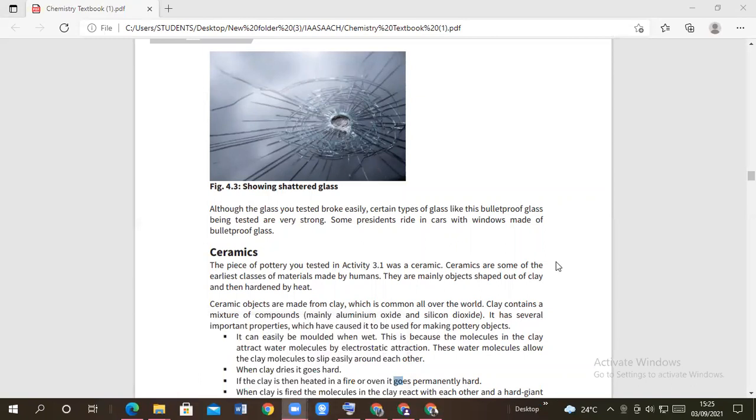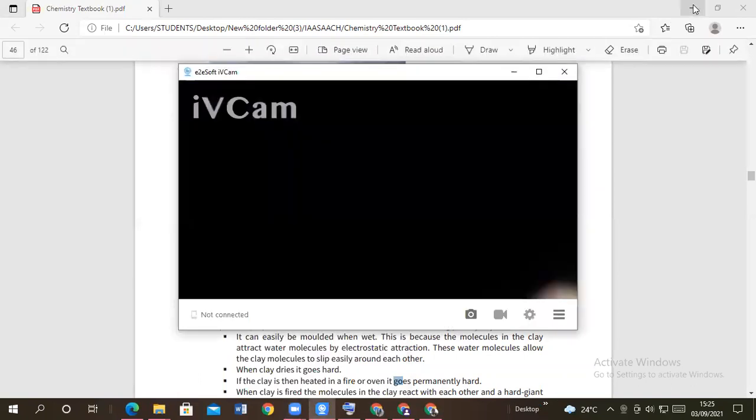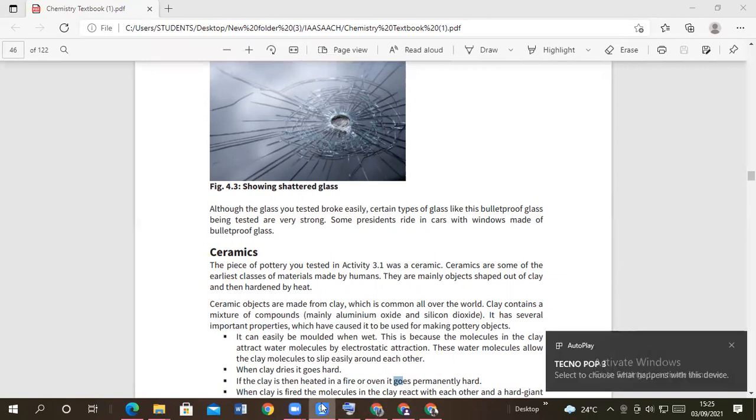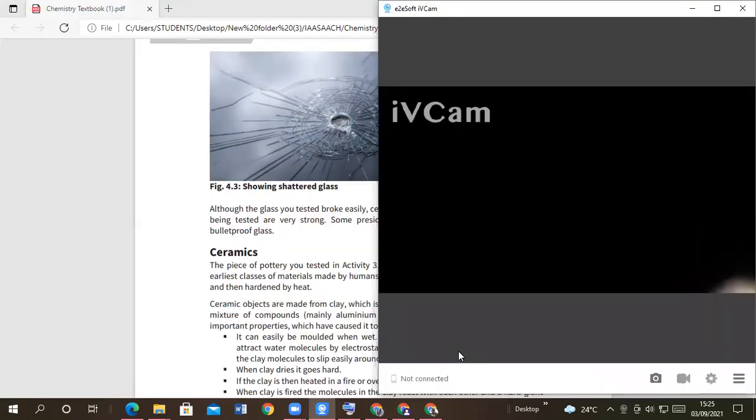Why do they like those materials? Next reason?